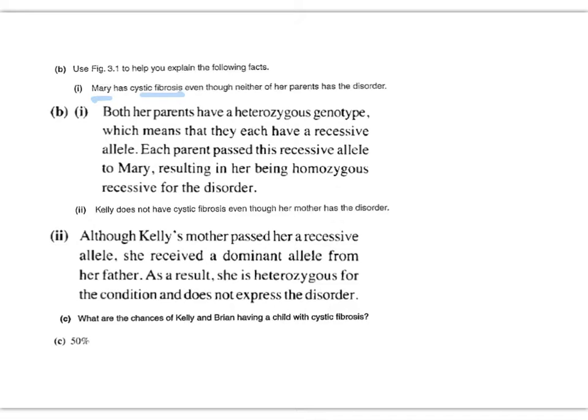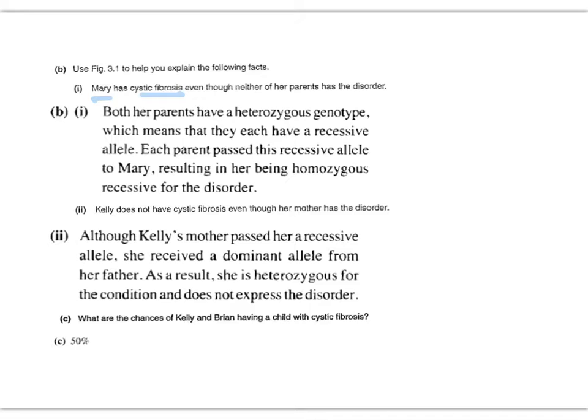So in this case, let's look at all possible genotypes. You have homozygous dominant, heterozygous, and homozygous recessive. Who will have this disease? Remember in the question, they said that cystic fibrosis is a recessive disease. So you need a homozygous recessive individual before this trait is expressed. So only this will have cystic fibrosis.